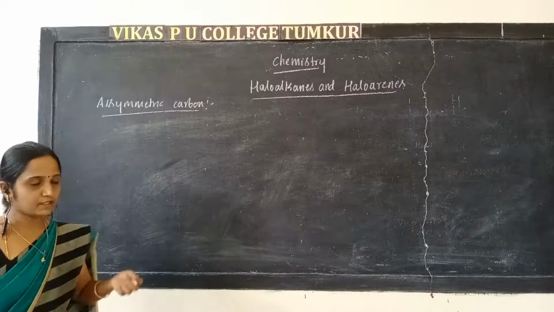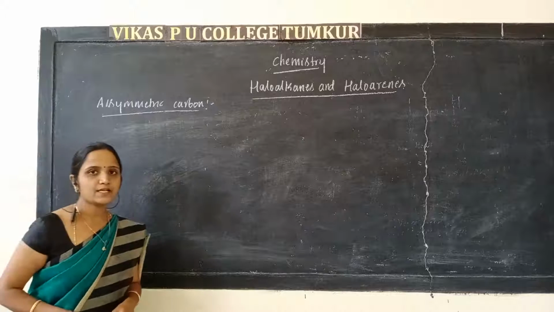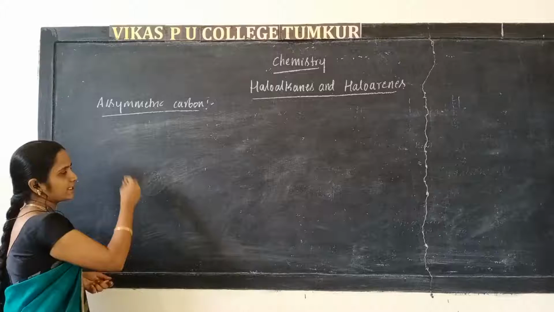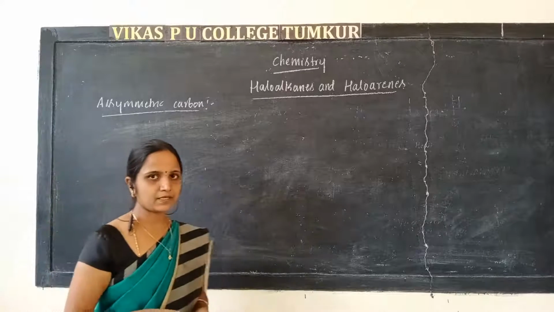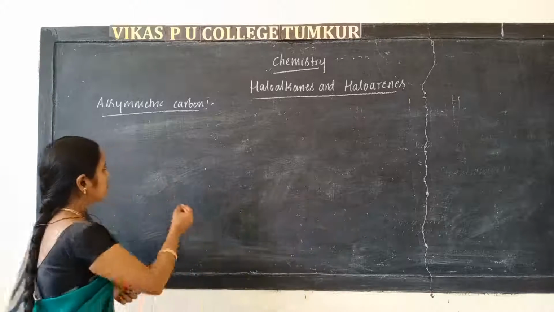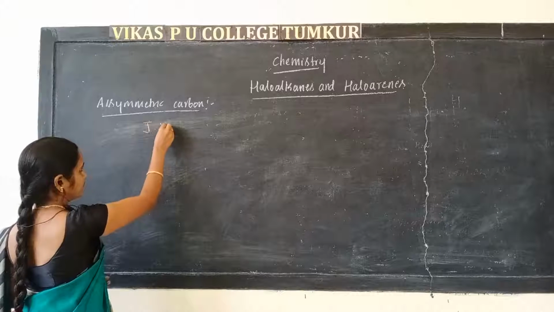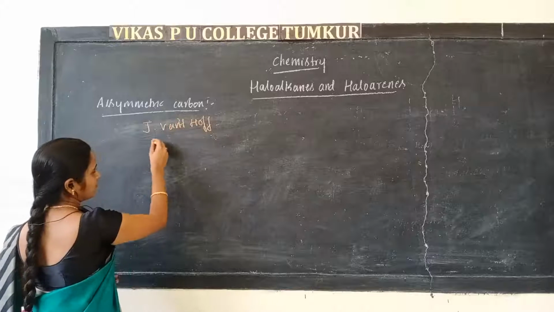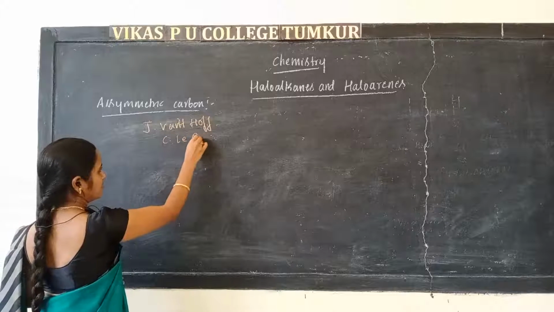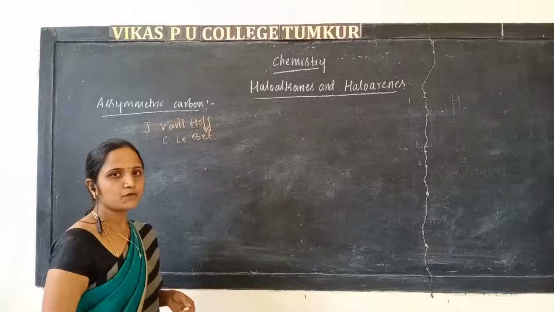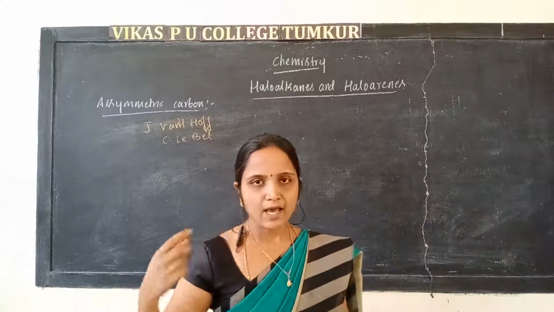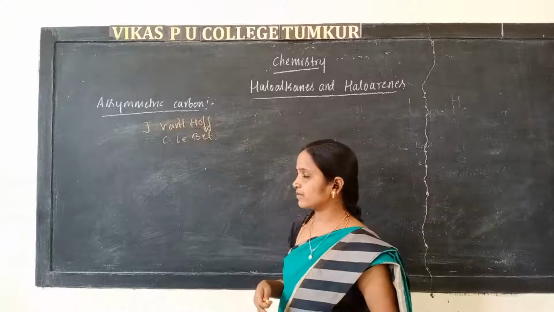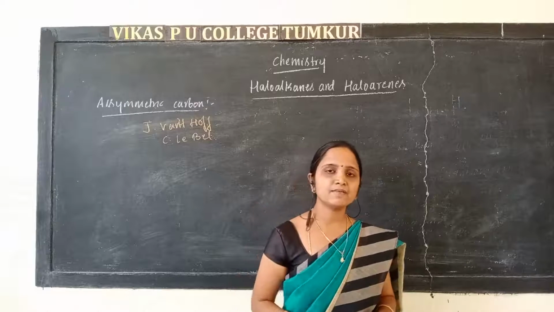In this class, now we are going to discuss the asymmetric carbon. Two scientists, J. A. Le Bel and C. E. Bell, independently argued that the spatial arrangement of four atoms around the carbon atom is tetrahedral.